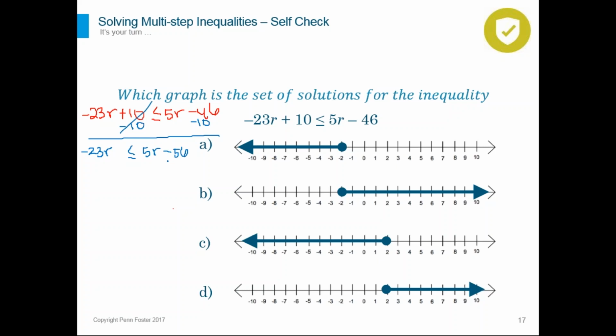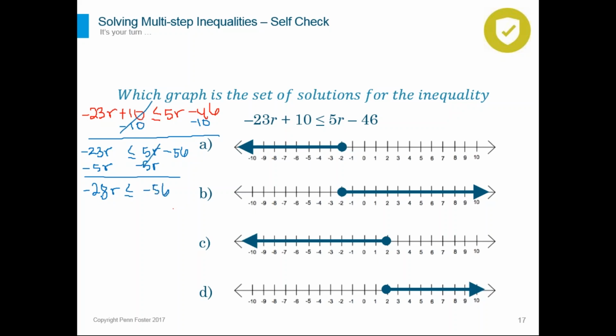Okay, I need to bring the 5r over to the other side. So subtract and subtract, that would be 5r here. Negative 23 minus 5, you will add. So you're going to have a negative answer, negative 28r less than or equal to negative 56.